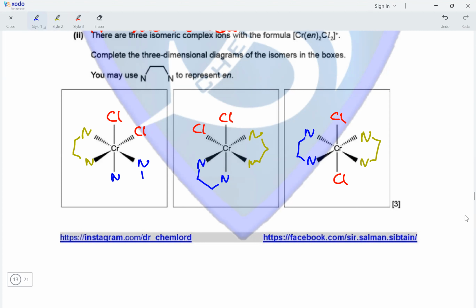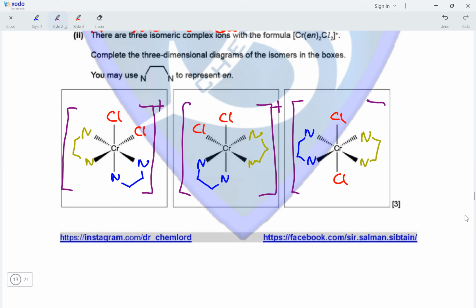And completing these structures, we would make the square brackets with a +1 charge placed outside of the square bracket representing the overall charge on this complex. So this is the cis isomer, this is the trans isomer, and both of these are optical isomers of one another.